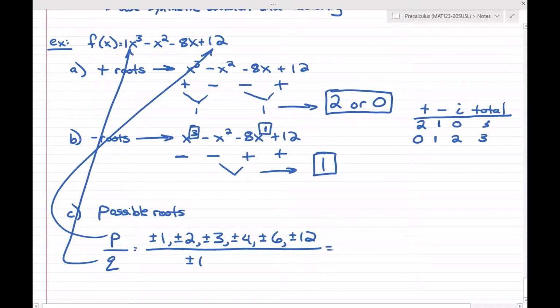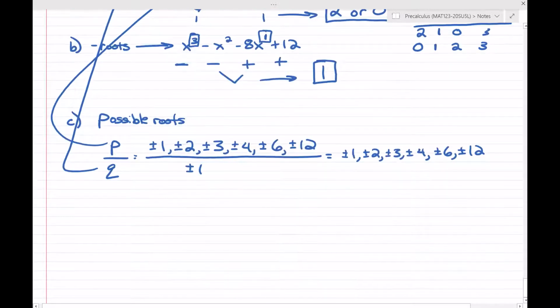Well, if we write all of the top over all of the bottom, it's just going to be plus or minus 1, 2, 3, 4, 6, and 12. Those are our possible rational roots.